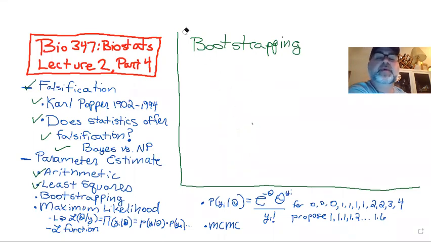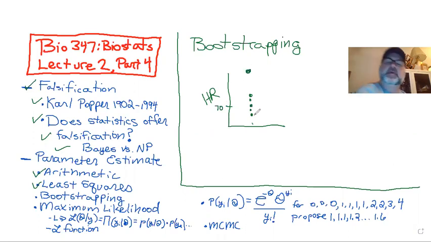Okay, so let's go back here and we have, let's just say heart rate, and we have a number of observations, right? And I'm going to rescale this, right? 70, somebody's up here, right? So let's say this is 110, right?